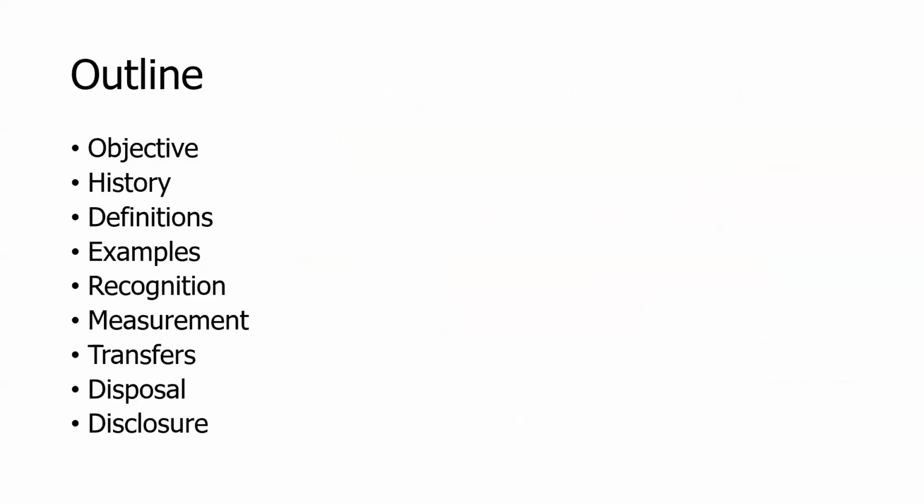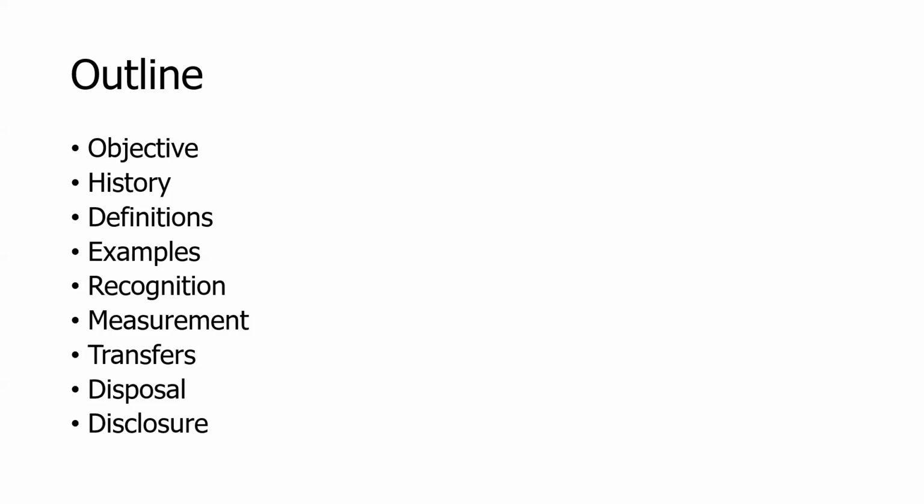So we'll cover the objective of the standard, the historical development, then various definitions that you have to know, examples of investment property, and recognition of investment property. When should you recognize investment property in the financial statements?